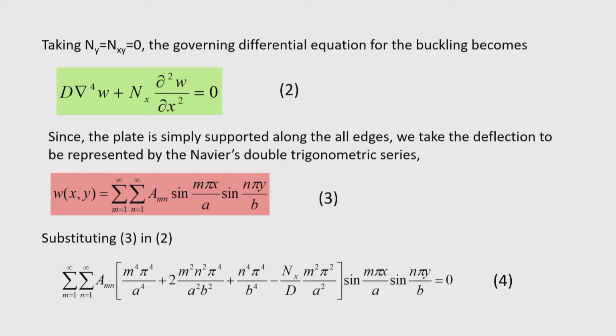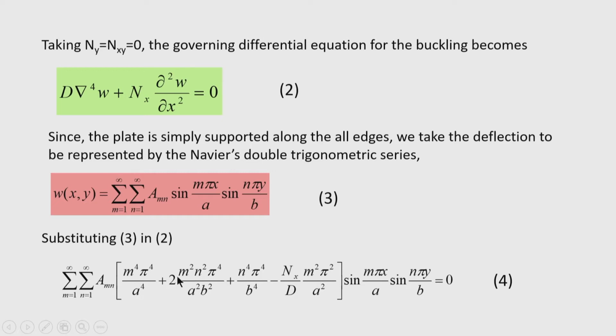Then again if I add another term, say a_21, it is m equal to 2, n equal to 1. So, in the first term, if I take m equal to 2, then it becomes 2 to the power 4, that is 16 pi to the power 4 by a to the power 4.